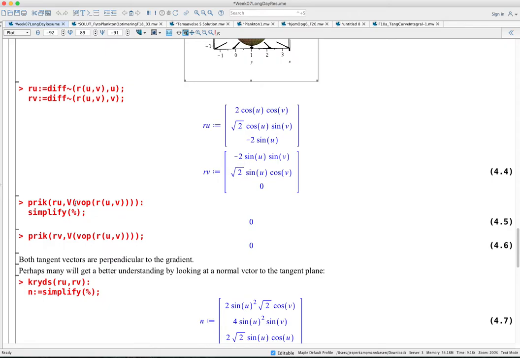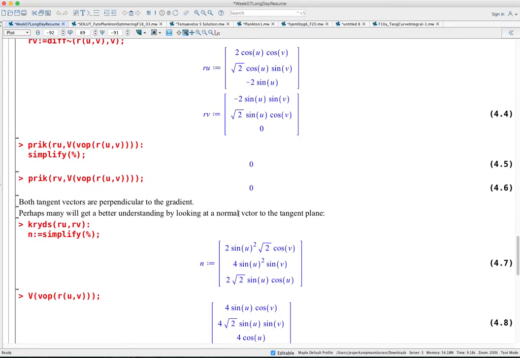So you evaluate the vector field for the parametric values, and you have to get the different components and put them into the vector field, and then take the dot product with the tangent vectors, and you get 0 for both vectors.